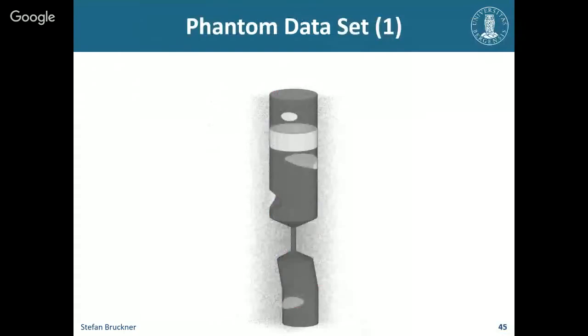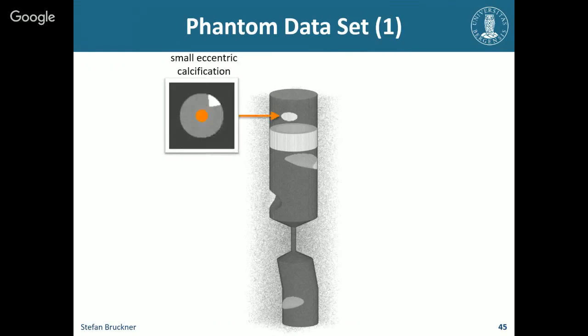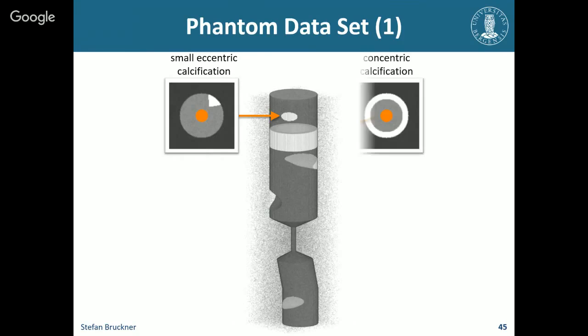Now, how can we investigate whether this is actually effective? This phantom data set is specifically meant to simulate quite a diverse set of pathologies. So we have a small off-center calcification, a concentric calcification, meaning that there is still lumen, but the calcification is around the vessel wall.